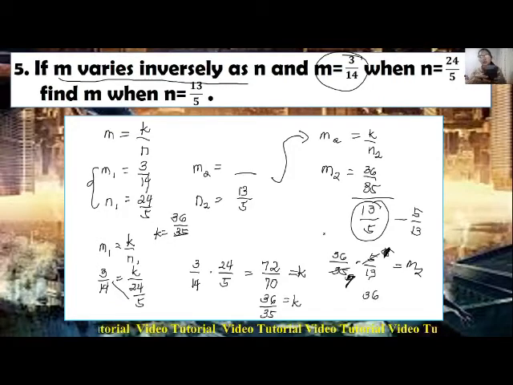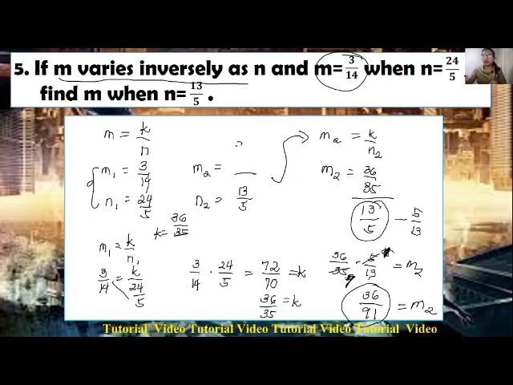While on the denominator, we have 7 times 13, which is 91. So we have 36 over 91, which cannot be reduced any further, so this will be the lowest term, 36 over 91. So that will be the value of m sub 2.